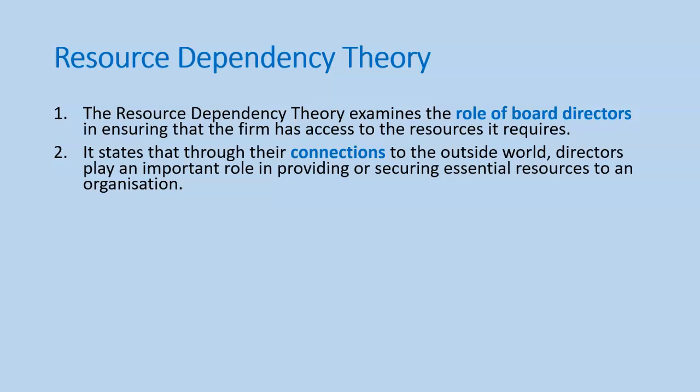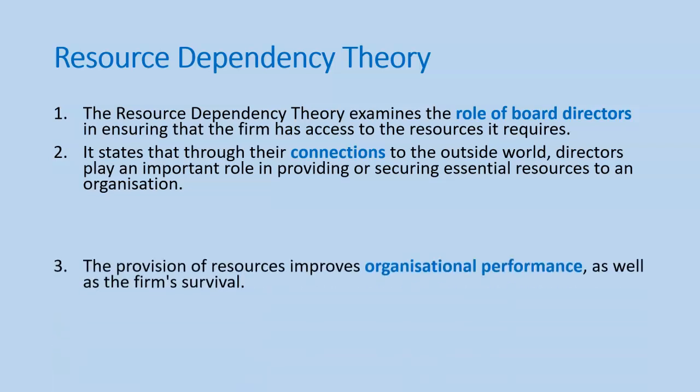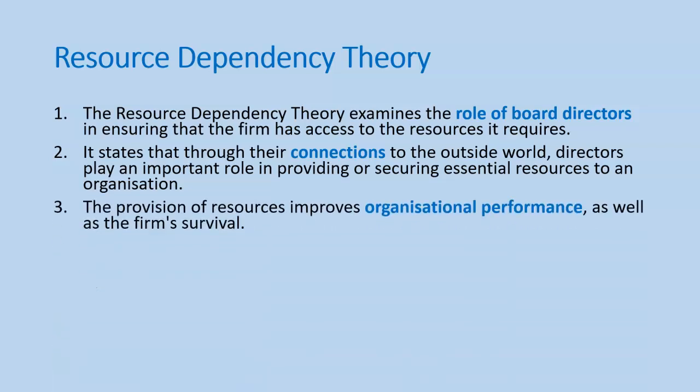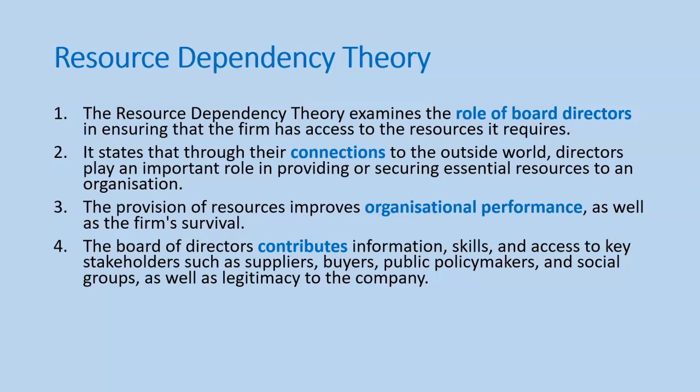So they are more focused on the arrangement of resources. The provision of resources improves organizational performance as well as the firm's survival. The board of directors contributes information, skill, and access to key stakeholders such as suppliers, buyers, public policy makers, and social groups, as well as legitimacy to the company.